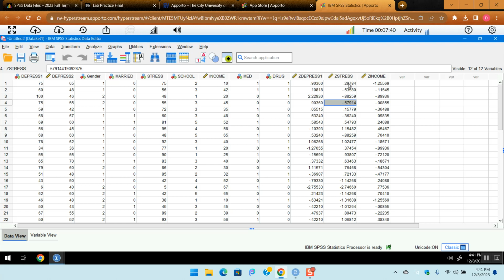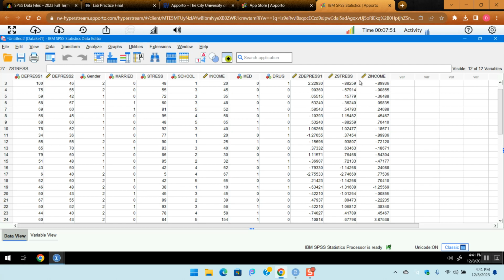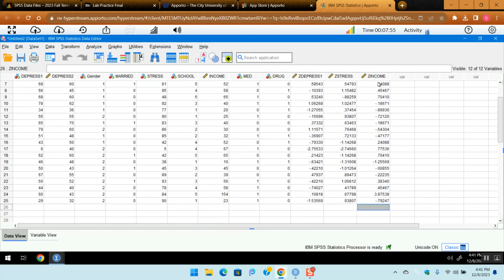For z-stress, K17 is also an outlier and nothing else. So it's K17 for both of the first 2 variables, and for income, it's case 24 that's the outlier and nothing else.